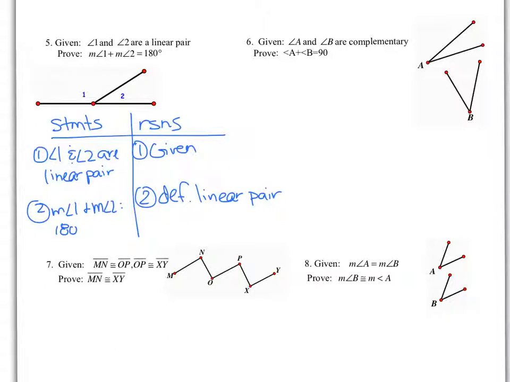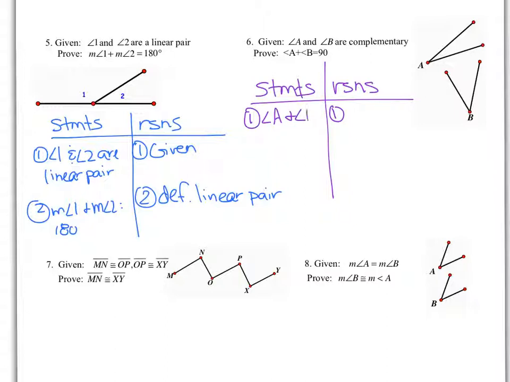Okay, this one, A and B are complementary. We want to know that the measure of angle A plus the measure of angle B equals 90. Okay, so statements and reasons. A and B are complementary.